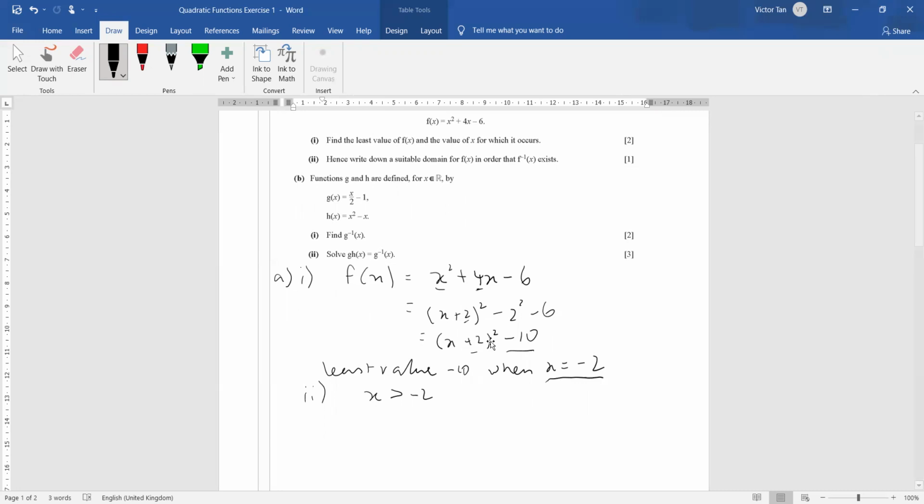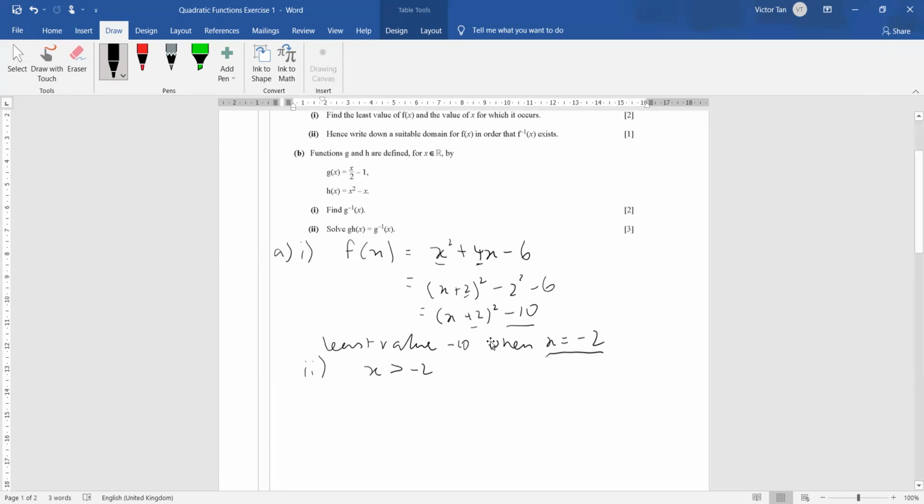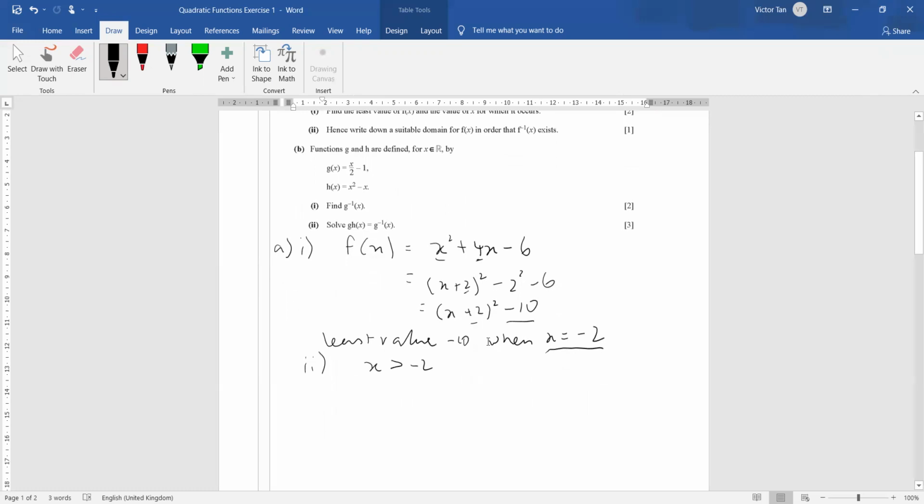Hence, functions g and h are defined for x an element of R by g(x) is x over 2 minus 1, h(x) equals x squared minus x. Find the inverse function of g. So I'm going to do an x-y interchange. Let g inverse x equal y.